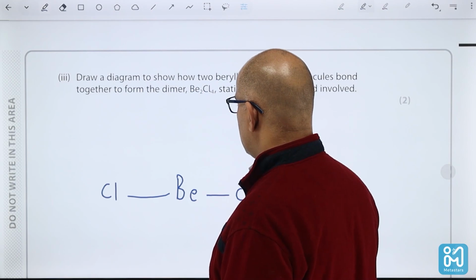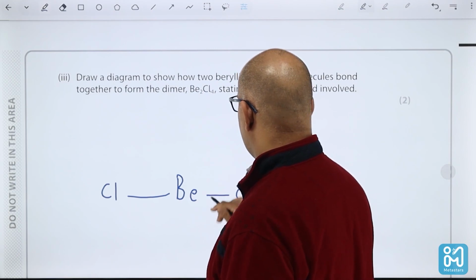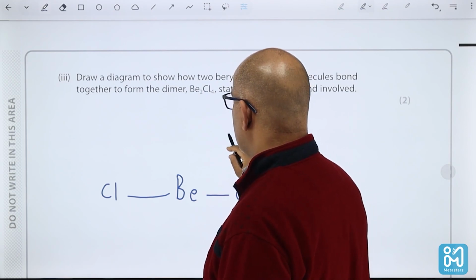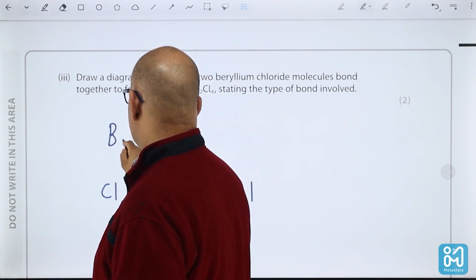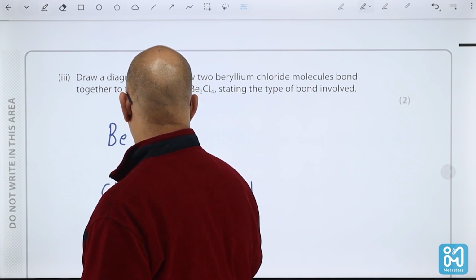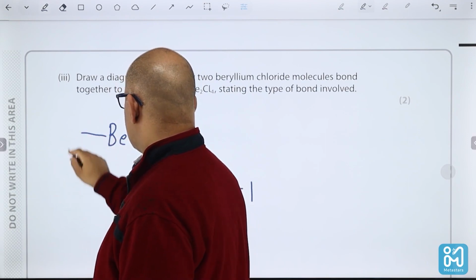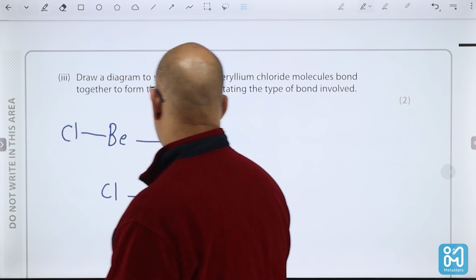So here we have beryllium chloride, another beryllium chloride, and here we have beryllium chloride.